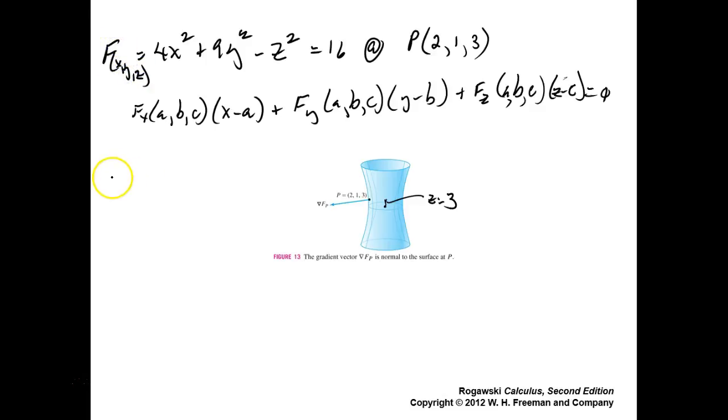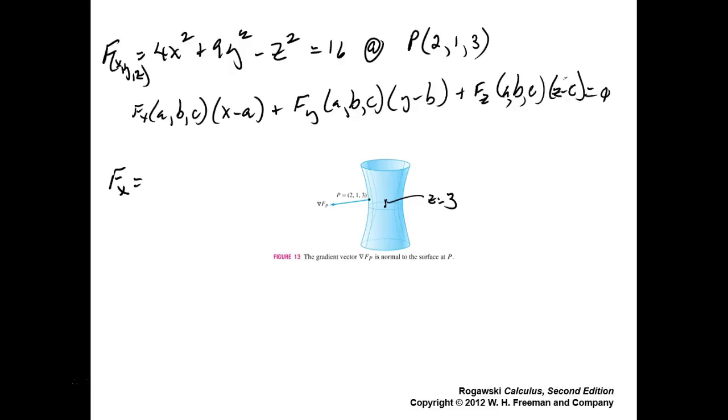So let's do f sub x, the partial of f with respect to x.